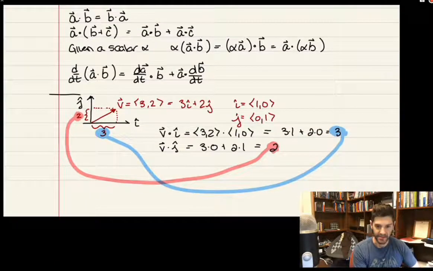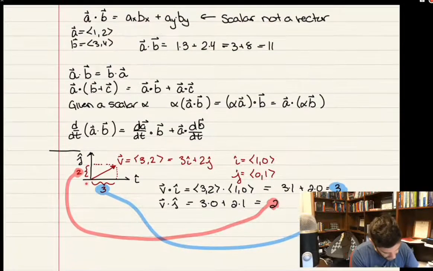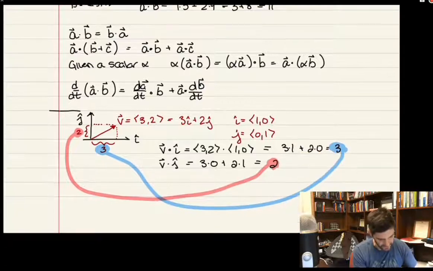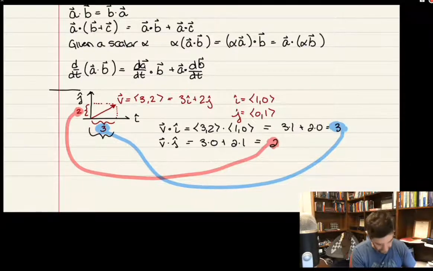Remember, we could have written this a different way as well. If we go back up to this image, we've identified that there's a triangle here. So we could have also written, for example, this component here, which has a value of 3, is also the same thing as v cosine theta for whatever this theta is.